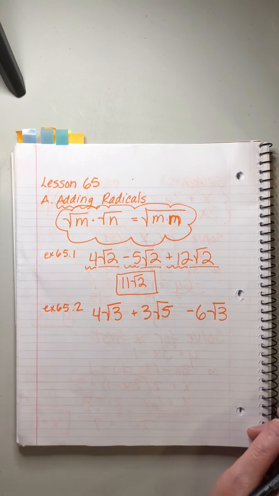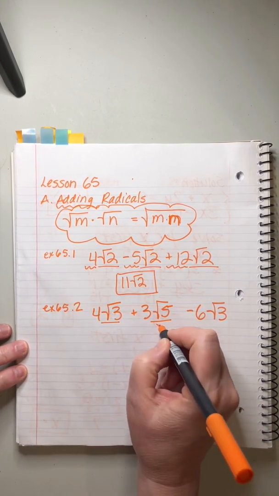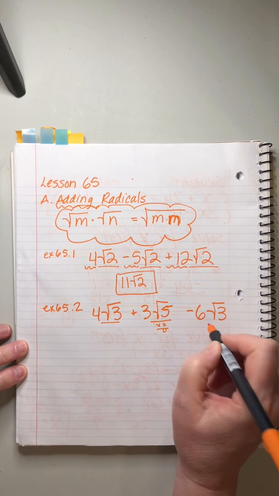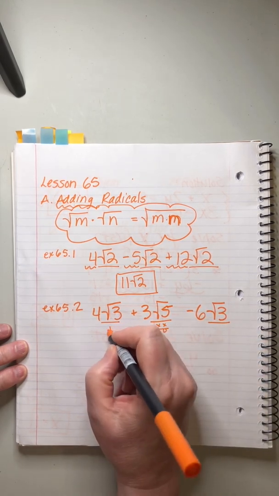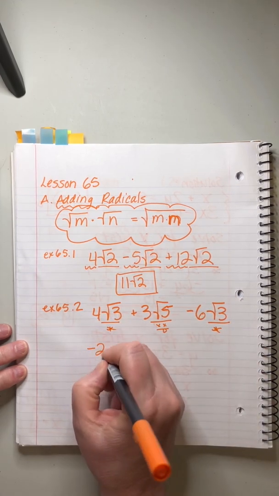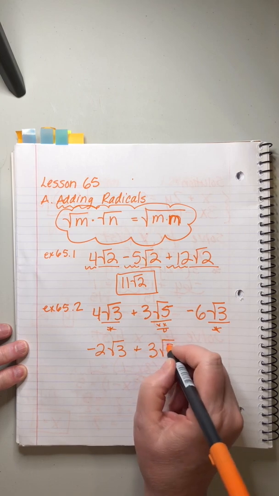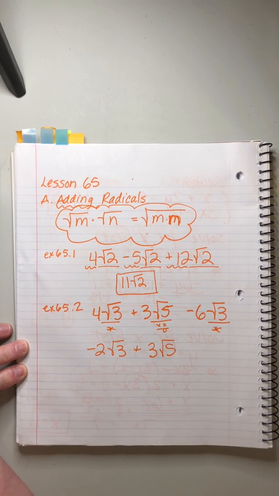If the radicals don't match, they can't chill together. So 3, 5, no, there's another 3. So we can combine these two. 4 minus 6 gives us -2 times the square root of 3. And then this guy, he just chills at the end. So that's the final answer there.